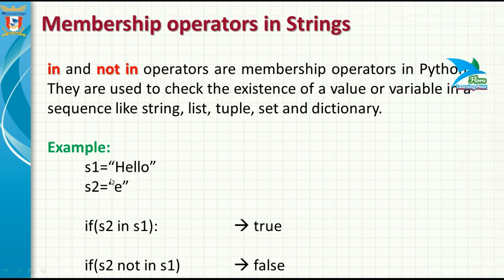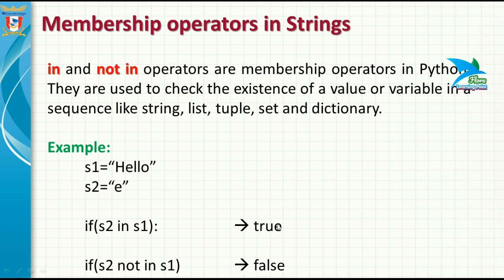As in this example, the value of s1 is hello, and I want to check if e is available inside hello. So I have stored e in s2. In this condition, I am checking s2 in s1. It will check if the value of s2 is available anywhere inside s1 or not.